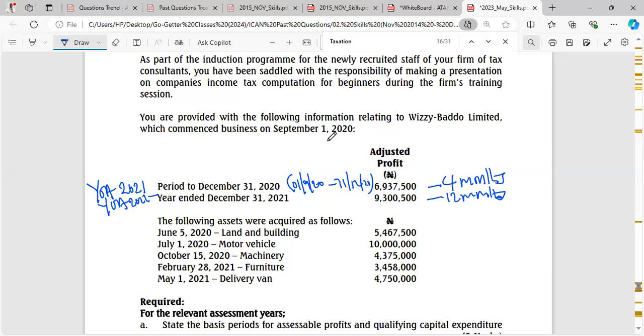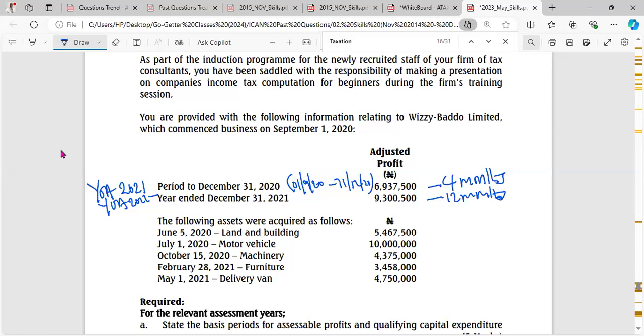The good thing is that from the new Finance Act 2019, all the differences in gaps and overlap were taken care of. And so your assessable profit basis period is exactly the same as your capital allowance basis period.